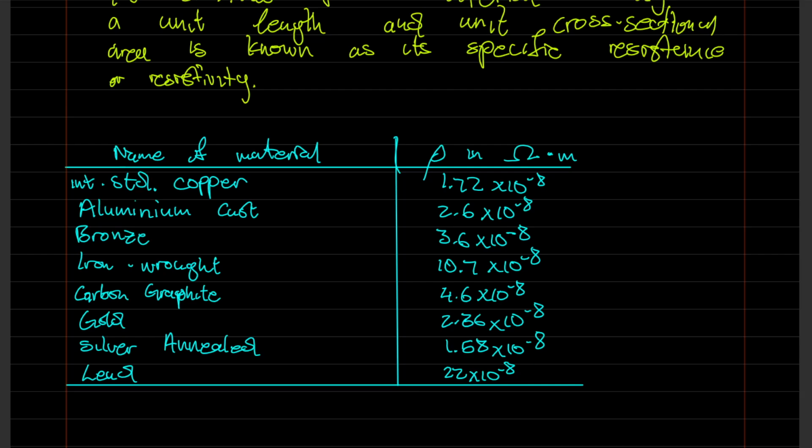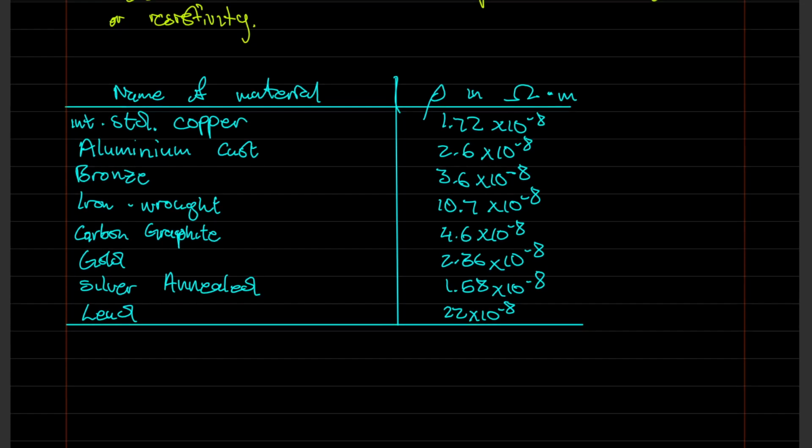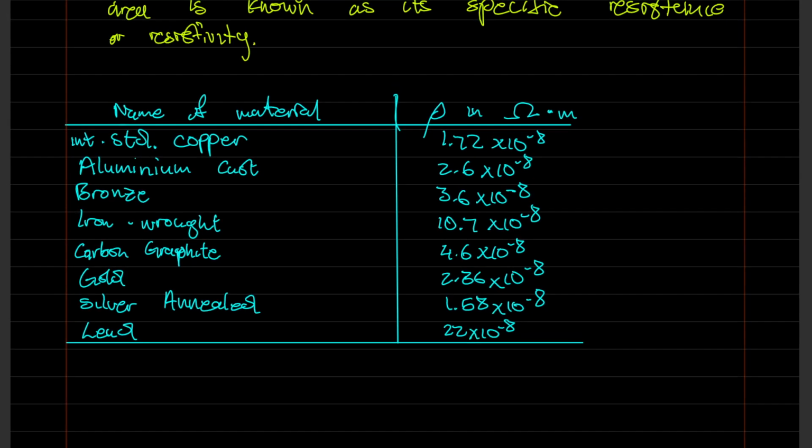I've quickly jotted down a couple of materials that you should be very wary of, that we'll be using here, and also their values of resistivity. I've written down here on the side. This is in ohm meters.